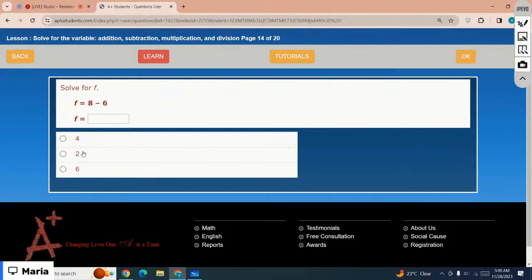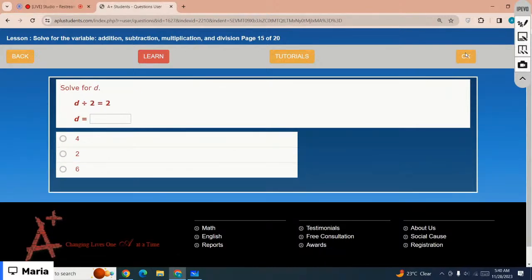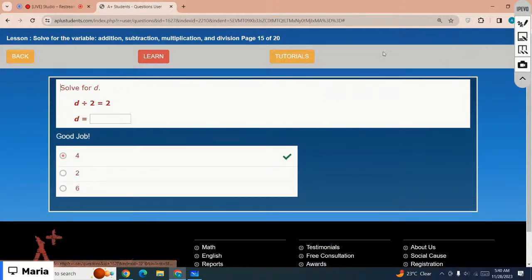Very good. Okay, t divided by 2 equals 2, which is the correct option? Opposite to division is multiplication. Yes, very good. That would be 4. The correct option is 4, right?